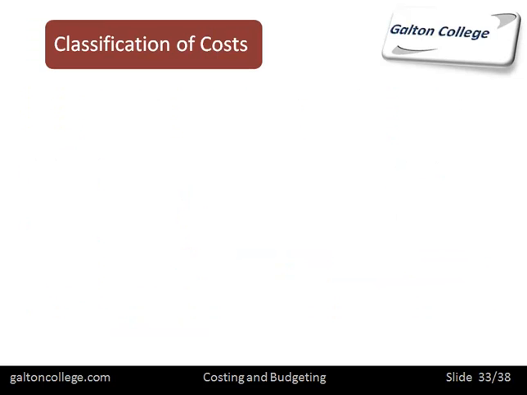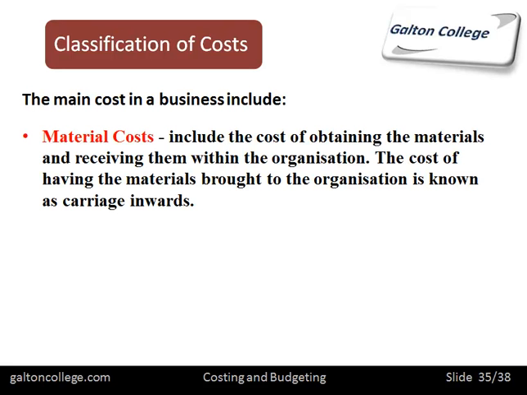Now, the classification of costs. Well, the main costs in a business include material costs, the costs of obtaining the materials and receiving them within the organization. The cost of having the materials brought to the organization is known as carriage inwards.